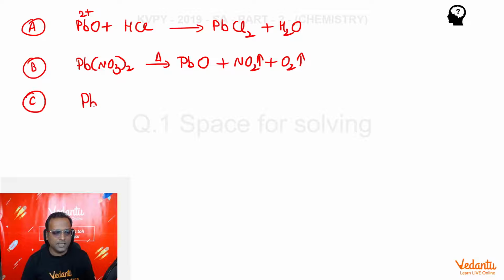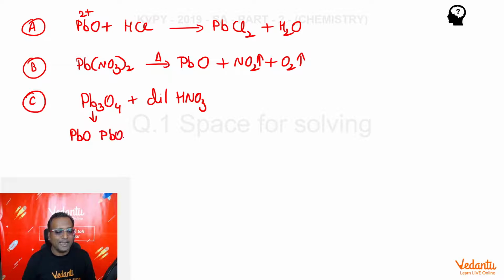Now, in the third case, we have the reaction of Pb3O4 with dilute HNO3, right? So Pb3O4, if you remember guys, is a mixed oxide. It's a mixed oxide of PbO and PbO2. That means we have Pb2+ as well as Pb4+. Now, when we take dilute HNO3, remember dilute HNO3 is not a strong oxidizing agent, so it will not react so easily.